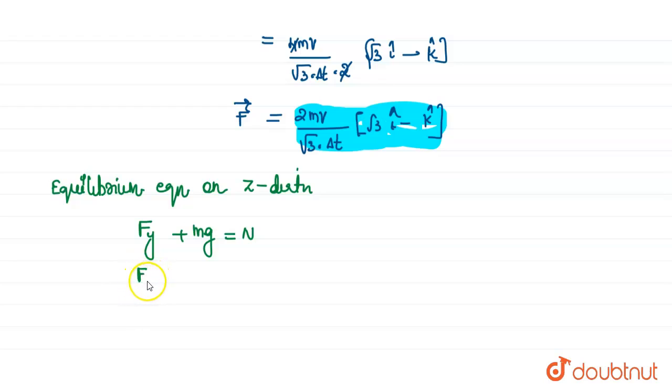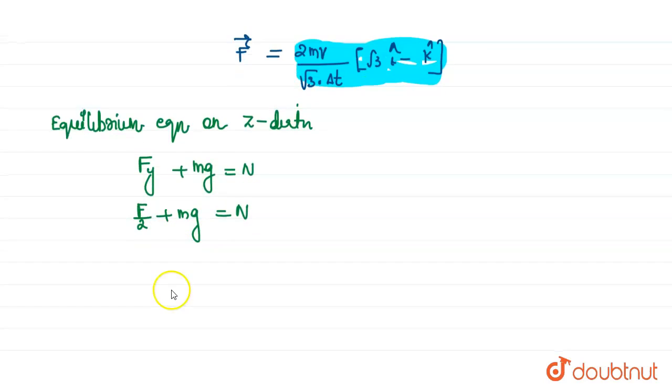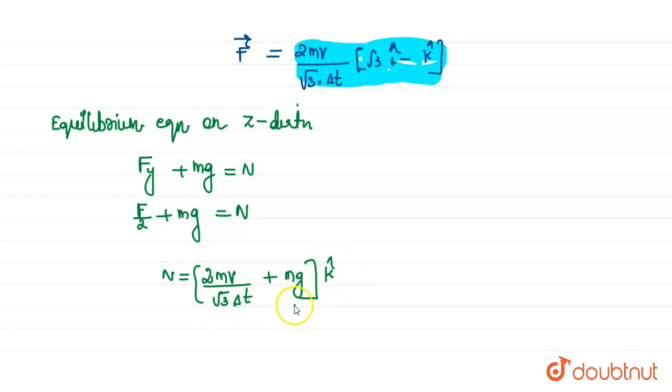It is F sin theta, that is F by 2, plus mg equal to N. Then we can substitute the value. So normal is equal to, what is F? It is 4mv. On substituting, we get 2 to cancel, so 2mv divided by root 3 into delta t plus mg, which is in the k direction. This is the equation for the normal. So this is our answer for the first question.